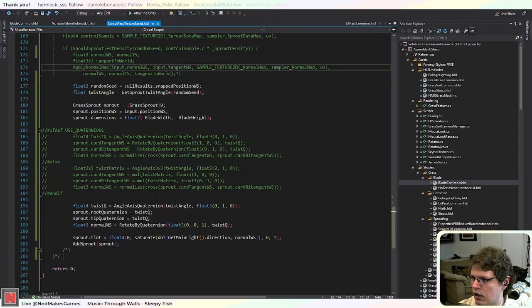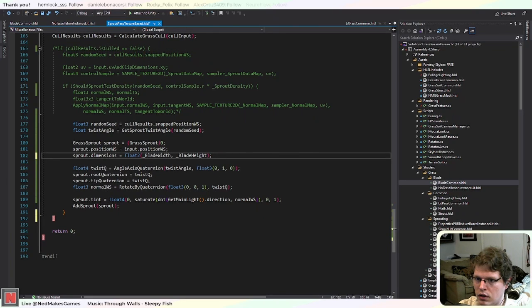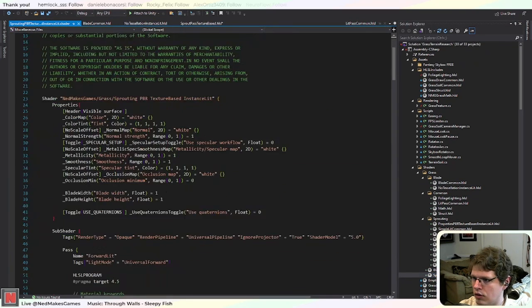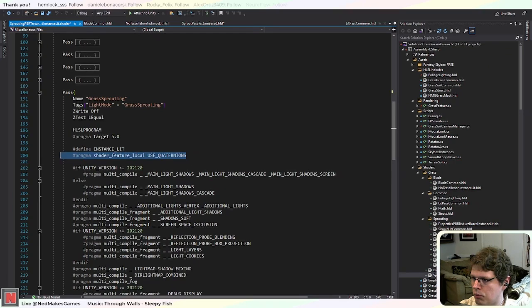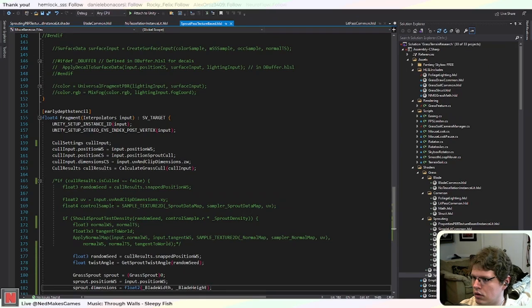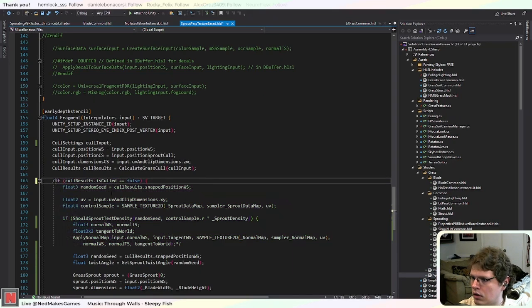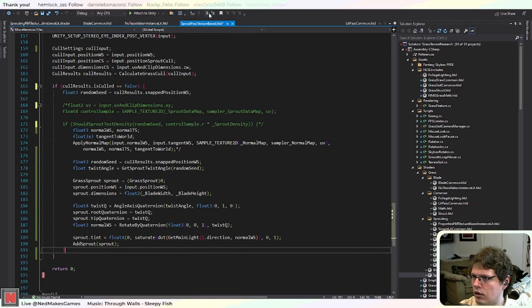Okay, so we got this working. Let's go ahead and test out culling. I could just delete that and delete this little test keyword thing. Okay, yeah, let's just do culling and not worry about this density at the moment.